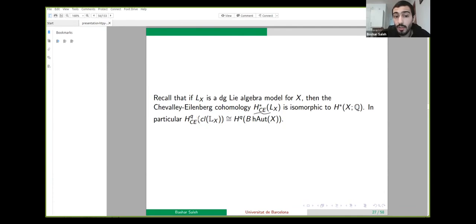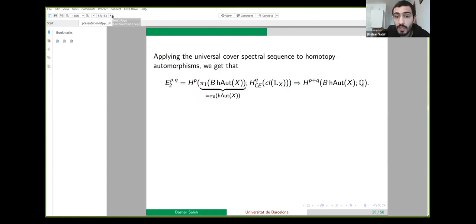In particular, the cohomology of the classifying Lie algebra of Lx is equal to the cohomology of the universal cover of the classifying space of the homotopy automorphisms of X. So applying the universal cover spectral sequence to homotopy automorphisms, we get first the fundamental group of the classifying space of the homotopy automorphisms, which is isomorphic to the group of components of the homotopy automorphisms of X, with coefficients in the Chevalley-Eilenberg cohomology of the classifying Lie algebra of Lx, and this converges to the cohomology of the classifying space, the ring of rational characteristic classes.